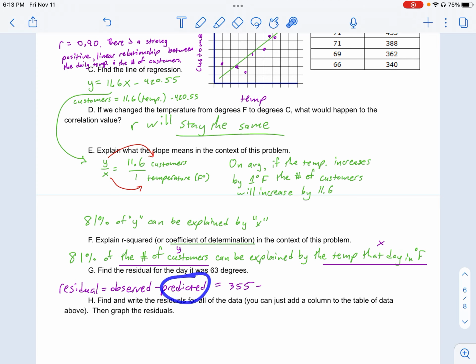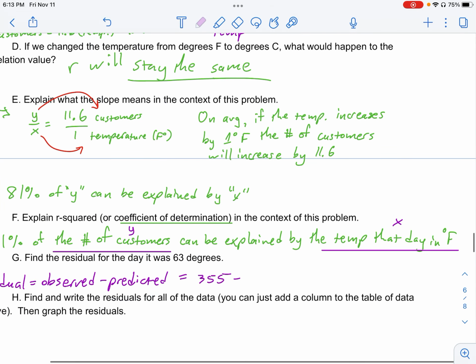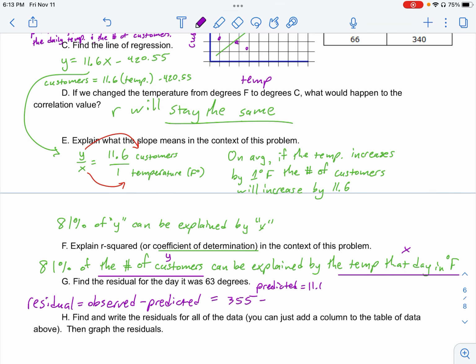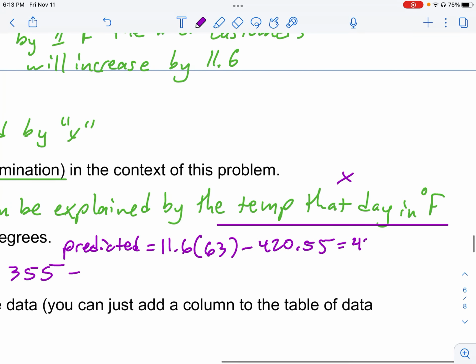How do I get my predicted value? I have to use my equation and plug in 63 for the temperature. So my predicted value is 11.6 times the temperature that day minus 420.55. You can do that on your calculator if you want.